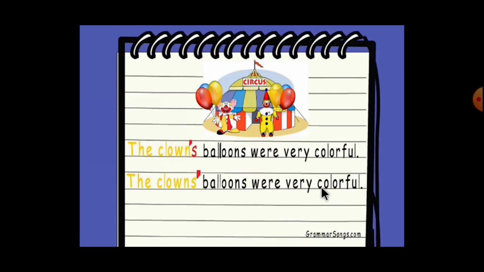Balloons were very colorful. So students, you have to be a little bit careful while you write the apostrophe and the letter s for singular nouns and for plural nouns. All these rules were discussed earlier also, but they may come again and again in the exercise part.